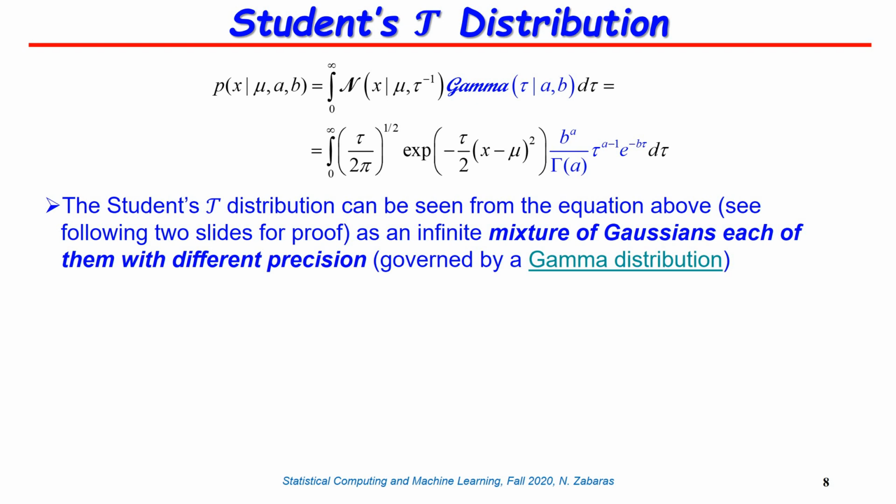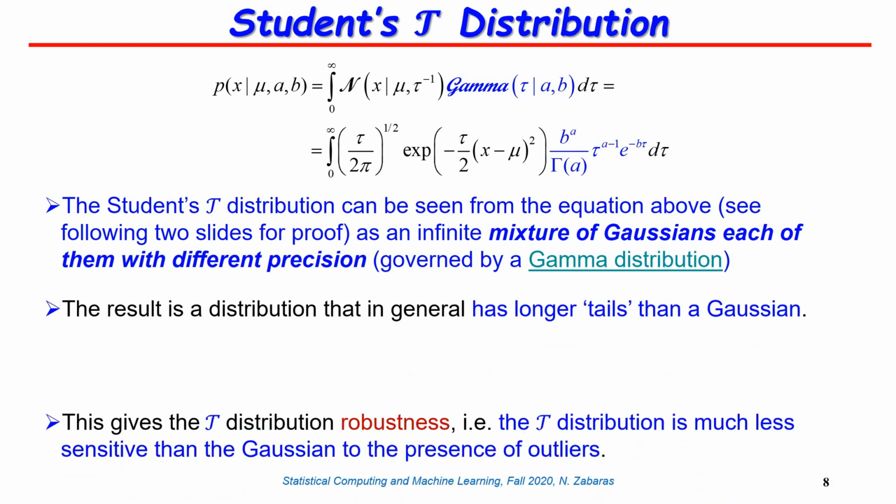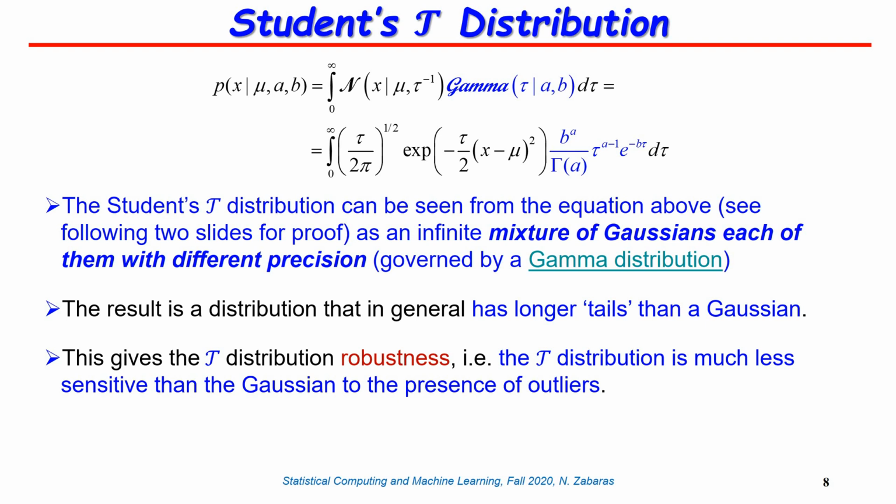Now, I am not going to bother to do the derivation in fine details. But all of these outcomes that we discussed earlier about heavy tails, and also, I will show you in a few slides, that the student T distribution is way more robust than the Gaussian to outliers, all of these outcomes have to do with the fact that we are averaging all of these Gaussians.